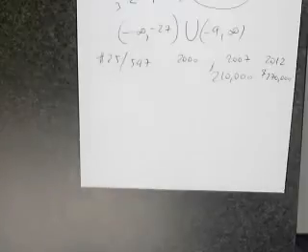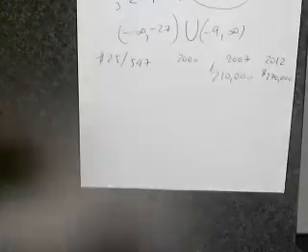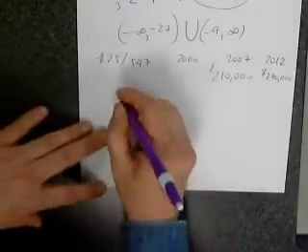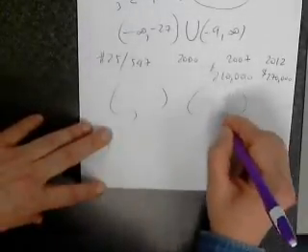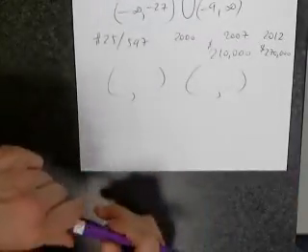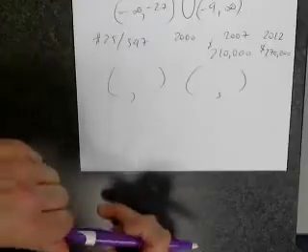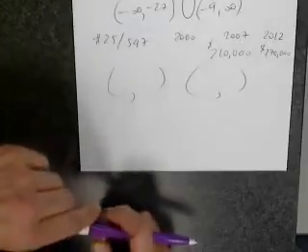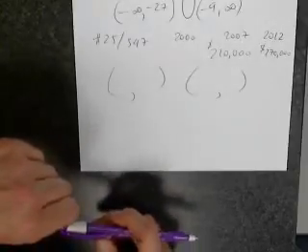What am I given? Years and the value, right, which means I'm given two ordered pairs. Which one is the independent variable? Which one is x?